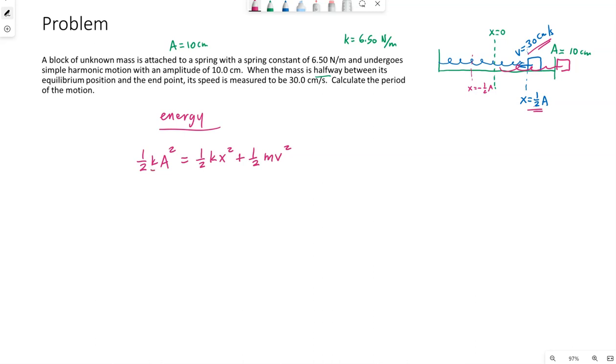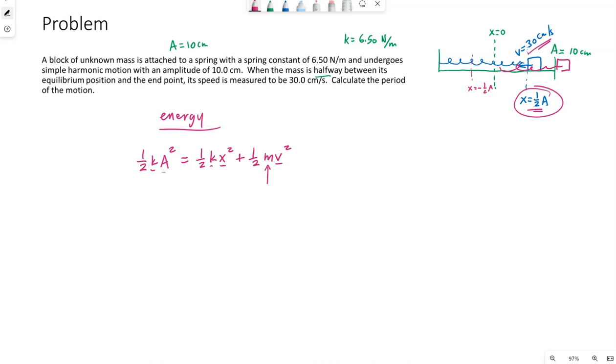Well, I know k, I know the amplitude that was given to me. I know x at this moment in time. I know v at this moment in time. And that will allow me to solve for m.